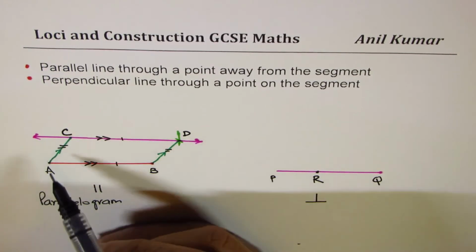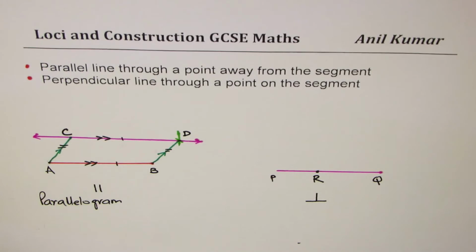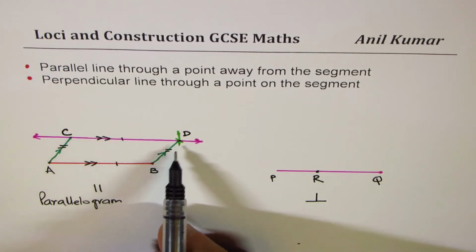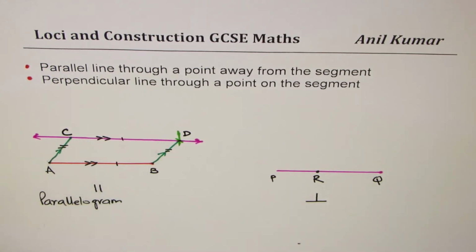And then we measured AC and made sure that BD is of the same length as AC. So actually, we constructed a parallelogram. A line through C and D gave us a line which was parallel to the given segment AB, right? So I hope the concept is clear.